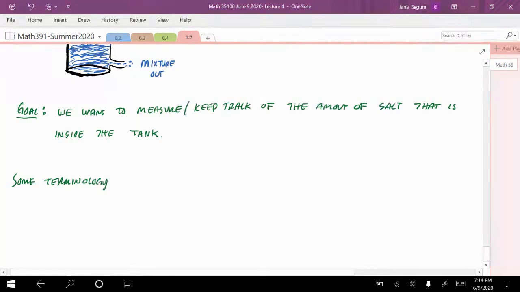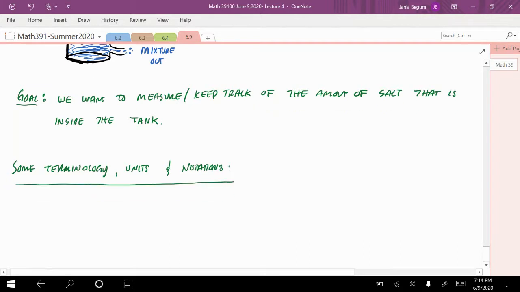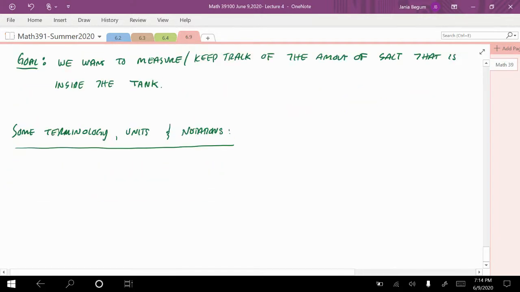And units. Unit is important, so let's keep that in mind as well. And notation, what the variables represent. That's also important for us. So first we want to introduce the variable Q. Okay, so Q of t, that's going to be the amount of salt.